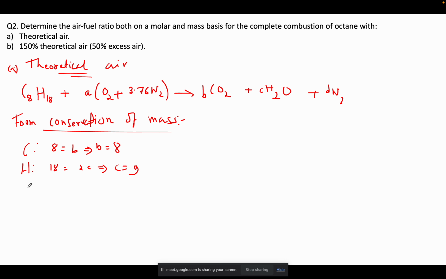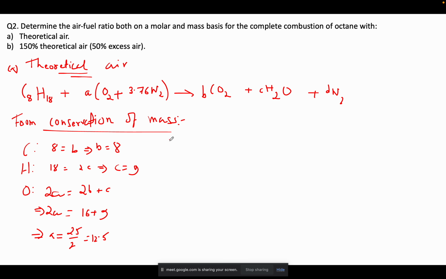Okay, then oxygen, it is 2A is equals to 2B plus C. Okay, so from here 2A, 2B is 16 plus 9, so A is basically 25 divided by 2, and that is 12.5.